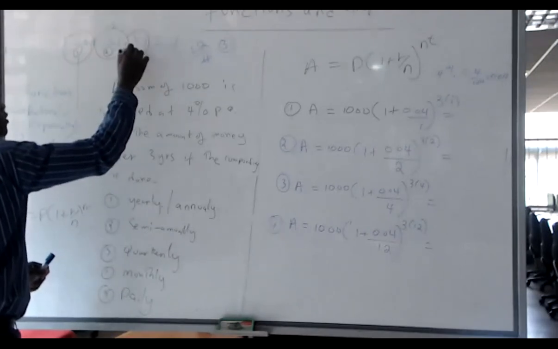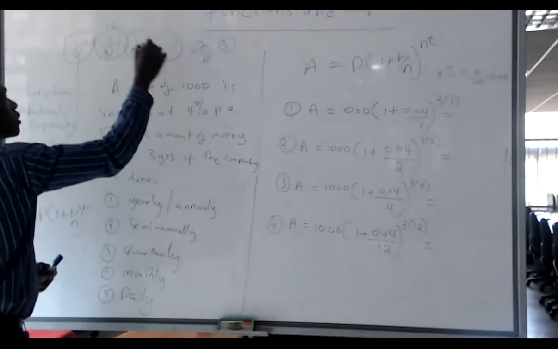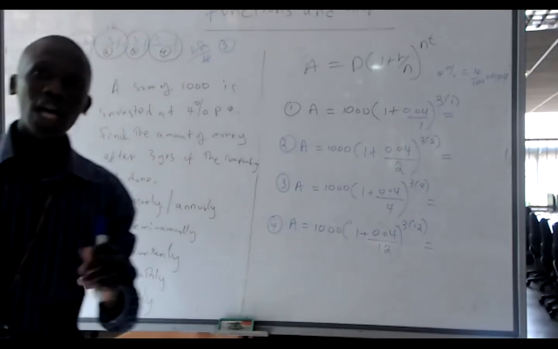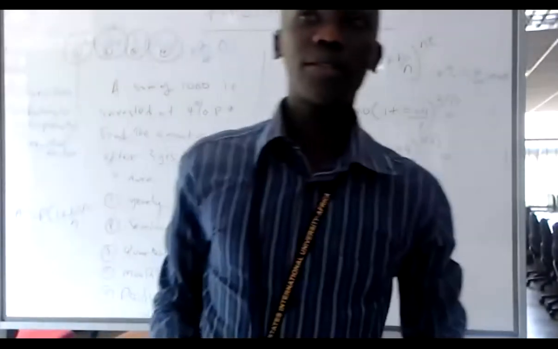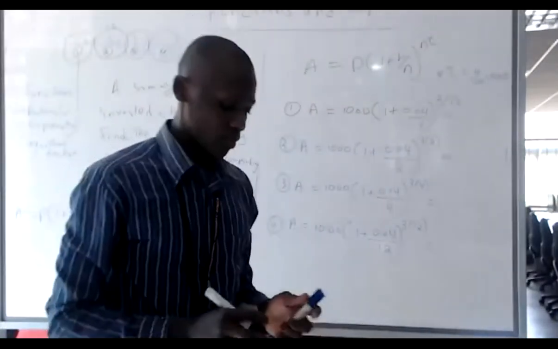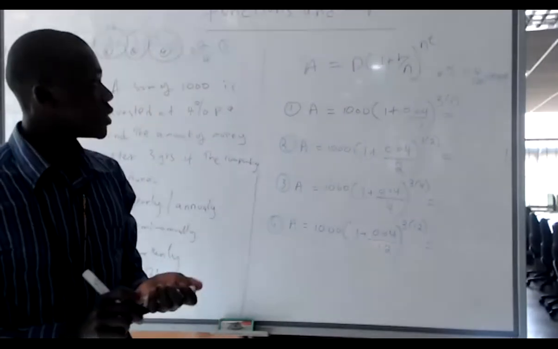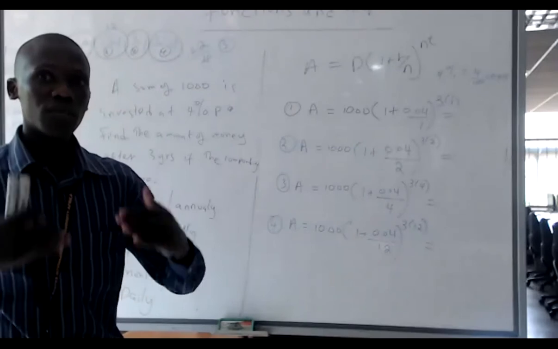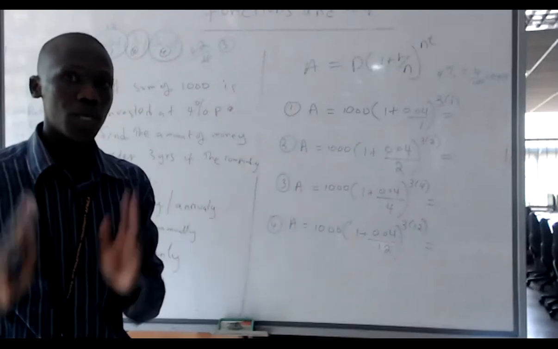The third 3 months is the third period. And lastly, 3 months gives you the 4th period. So quarterly, you will have 4 periods in 1 year, not 3 periods. You will have 3 periods if the compounding is after every 4 months. But if the compounding is after every 3 months, you will have 4 periods.